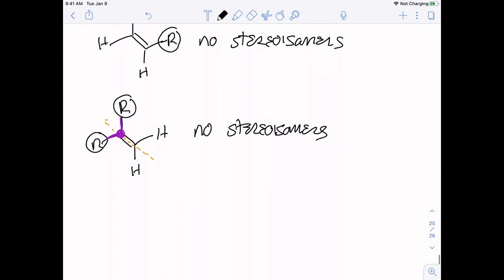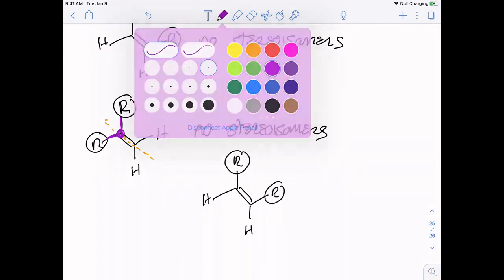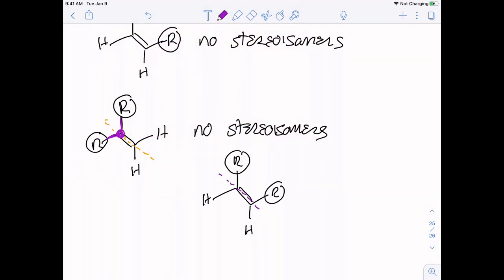To have them, I'll put a hydrogen here, my R group, hydrogen, and an R group. If I draw this dotted line, these guys are attached to different carbons. They're on the same side of that, so this one is going to be cis.